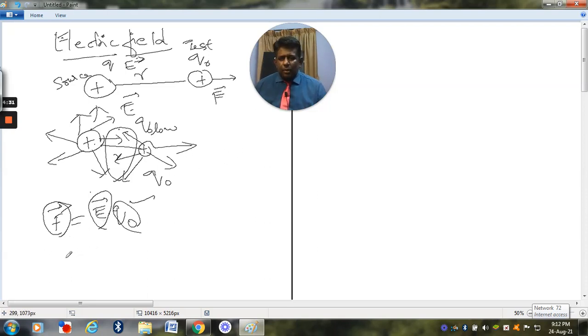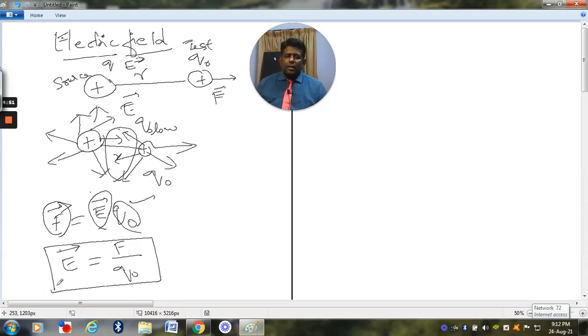See, with the help of this, we can calculate the electric field. The electric field E is equal to force divided by Q0, if you bring Q0 to the opposite side. This is the formula for electric field.